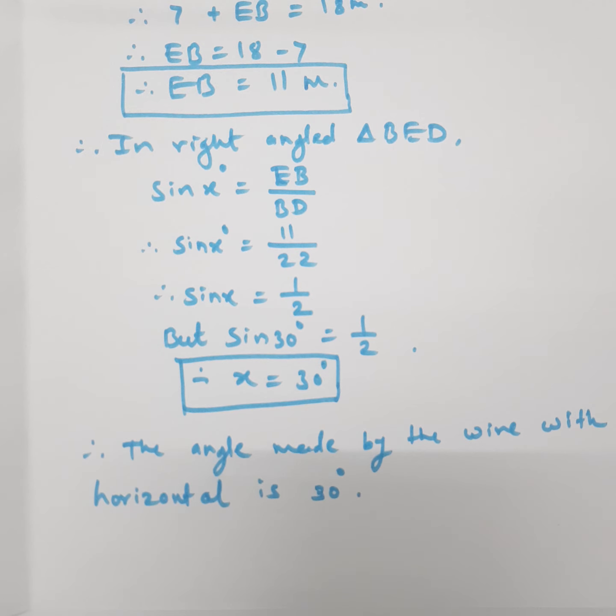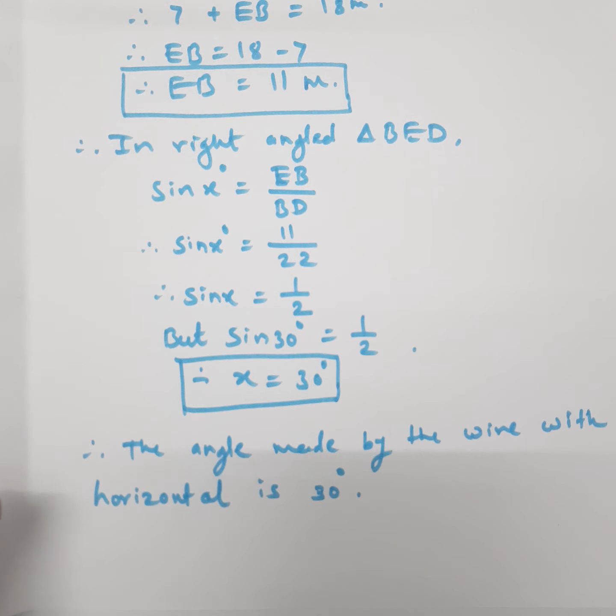Therefore, we use sin theta, that is x is equal to 30 degree. In this way, we can solve the examples. In solving such type of examples, first we must read the example carefully.